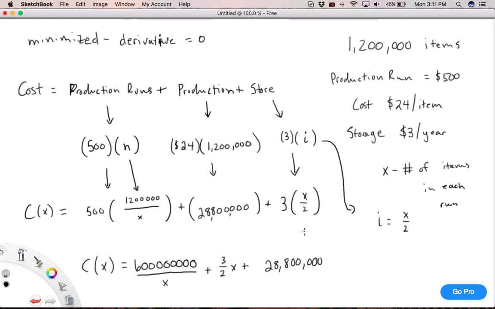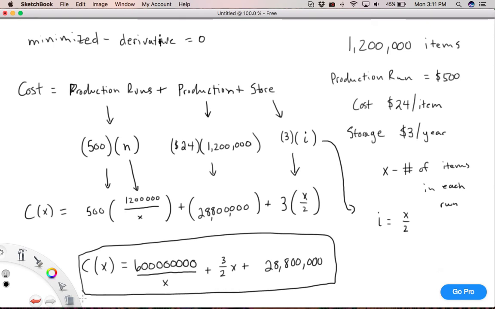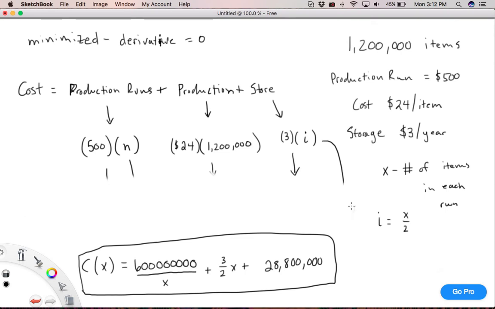Okay, now this should be the total cost for x number of items in each production run. I'm going to go ahead and erase the rest of the stuff here. You can go back if you need it later.